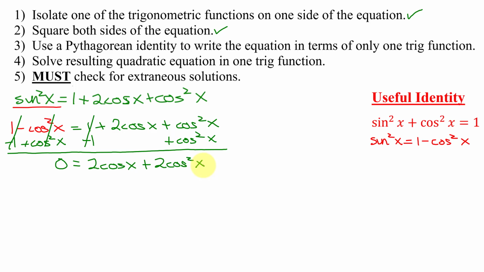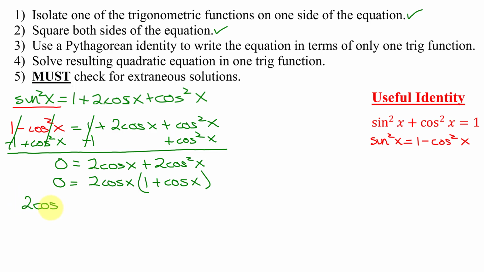Is there a common factor on the right? Yes. I can factor out 2 cosine x. And if I factor 2 cosine x out of 2 cosine x, it leaves 1 as a placeholder. Plus, and if I factor 2 cosine x out of 2 cosine squared x, it's going to leave cosine x. 2 factors multiplied together equals 0.